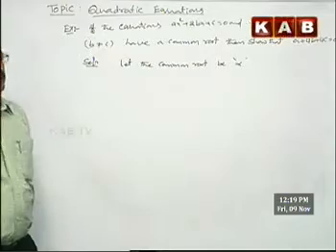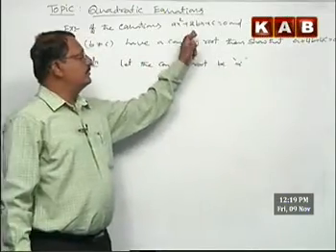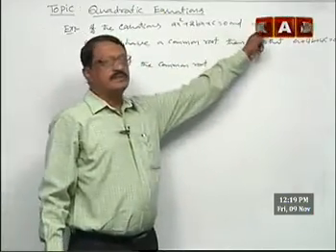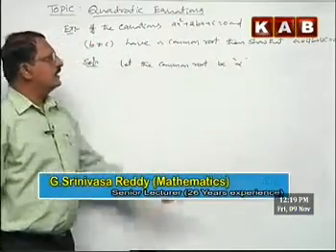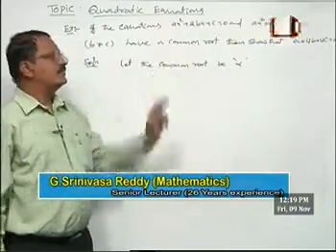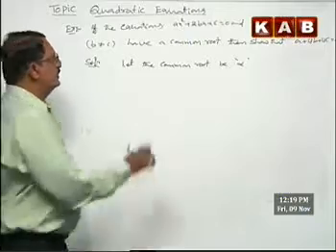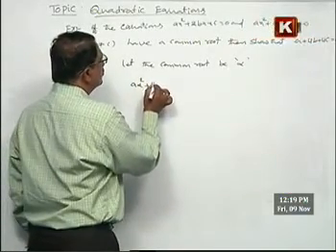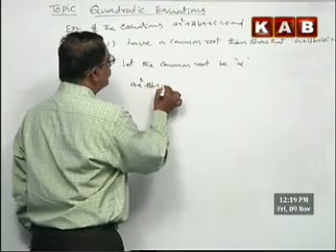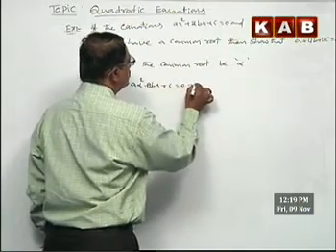Alpha is root of the first equation as well as the second equation. Substituting alpha in the first equation, it must be satisfied. Then a alpha square plus 2b alpha plus c equals 0. It is equation 1.